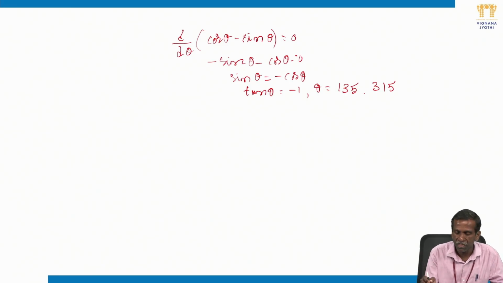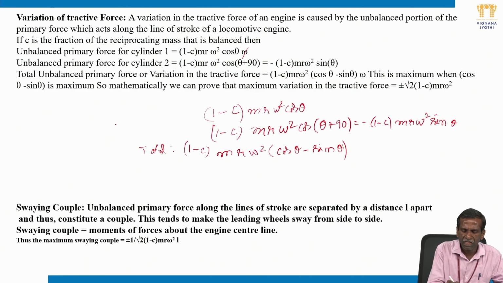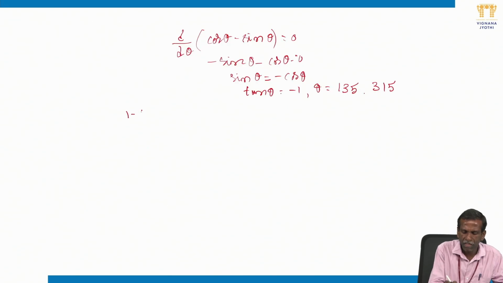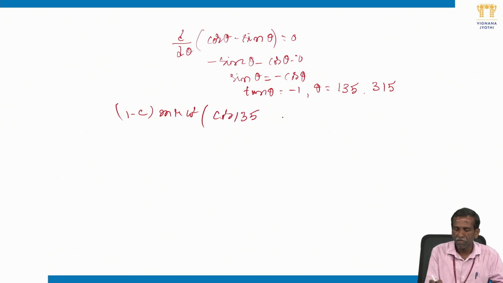Now try to substitute these values and find the term cos theta minus sin theta. So we have the unbalanced force (1 minus c) m r omega square (cos theta minus sin theta). Let us see at theta equal to 135. What is the magnitude?